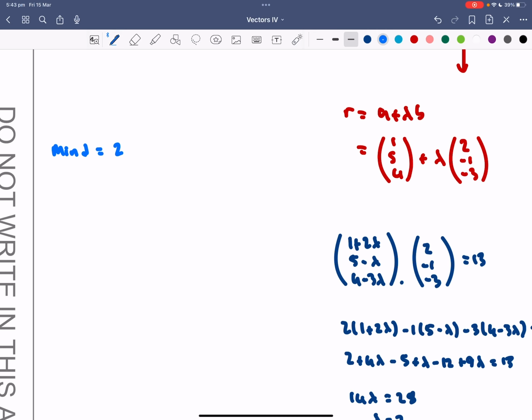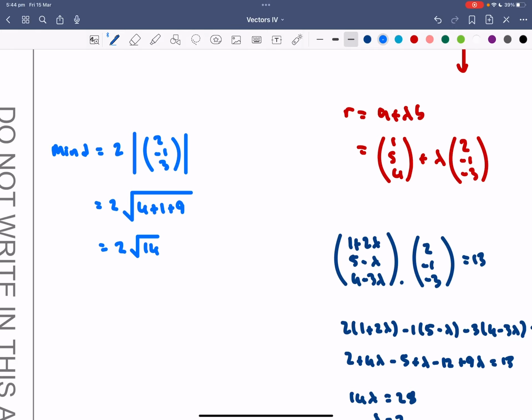The minimum distance is 2 times the magnitude of this vector, 2 times the magnitude of (2, -1, 3). 2 squared is 4 plus 1 plus 9, that's 14. 2 root 14 is the minimum distance.